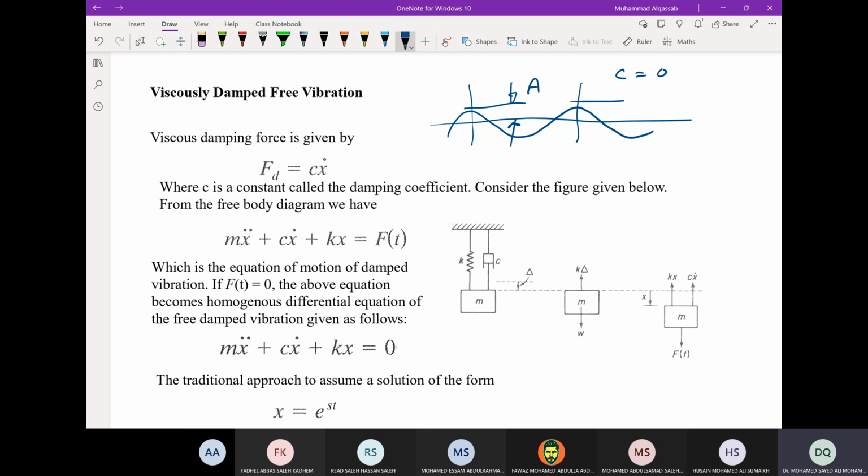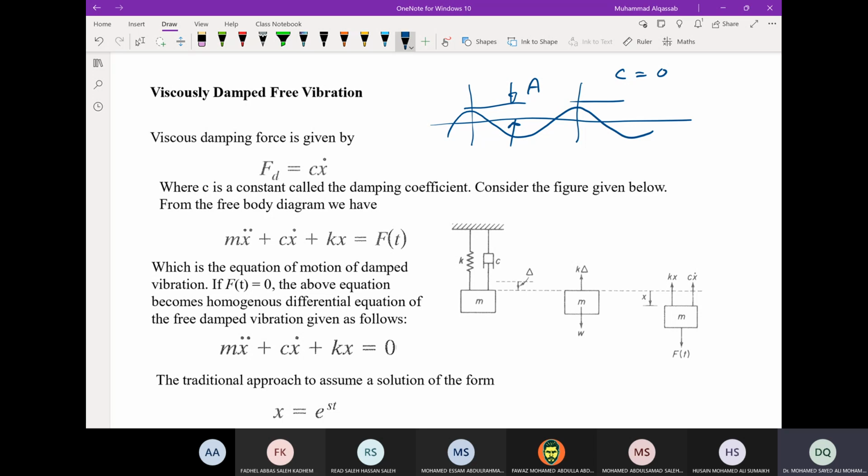You can add this device to control the vibration, letting it decay very quickly or slowly, with oscillation or without oscillation. It is part of the shock absorber of the suspension in automobiles, which has a spring and a damper.